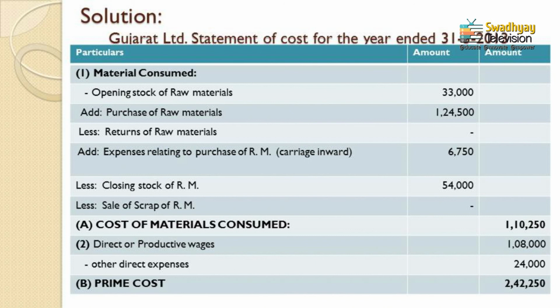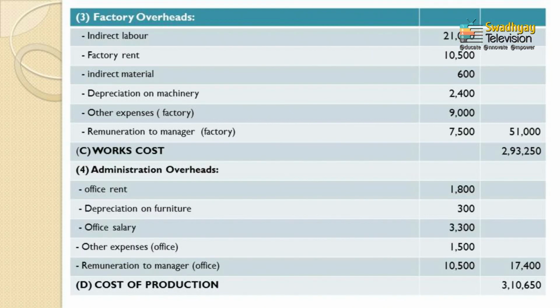Then moving to the next part, you can determine all the factory expenses. Under the head of factory expenses, all expenditures are recorded under the factory overheads in the first column. The total of the factory expenses of ₹51,000 is transferred into the outer column, added into the prime cost, which comes to the work cost.